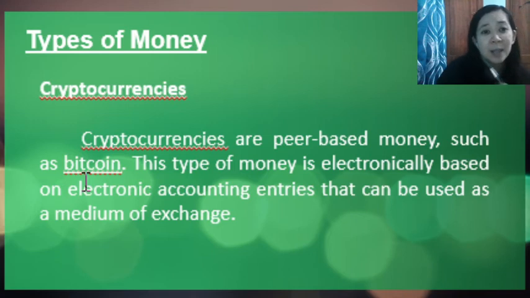This type of money is electronically based, electronic accounting entries that can be used as a medium of exchange. Meaning to say, it has no physical characteristic or feature. It is electronic in form.